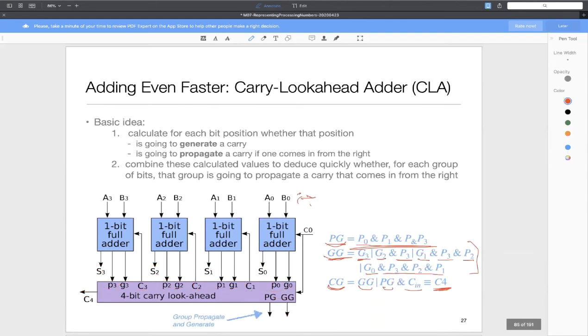Again, these are flattened out. So at every stage, I'm only paying a constant amount of time, and there is no place where I'm rippling through all the adders in one go.